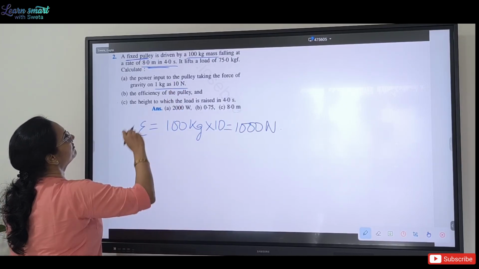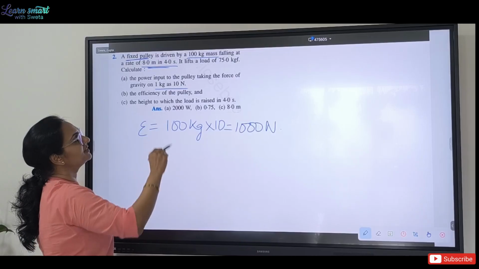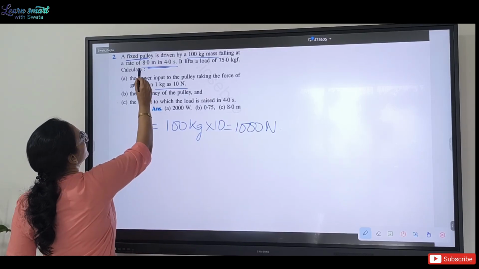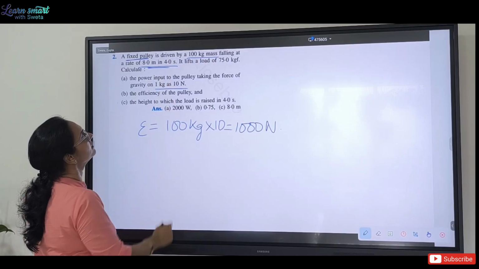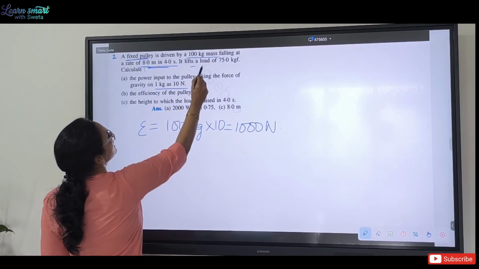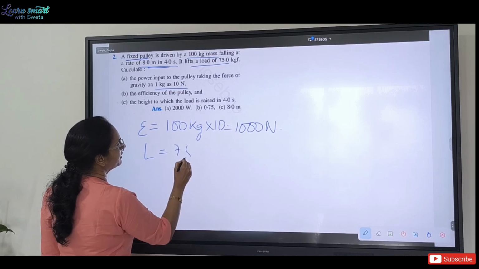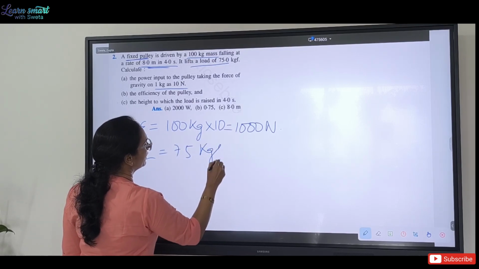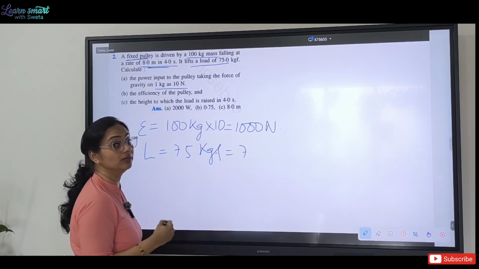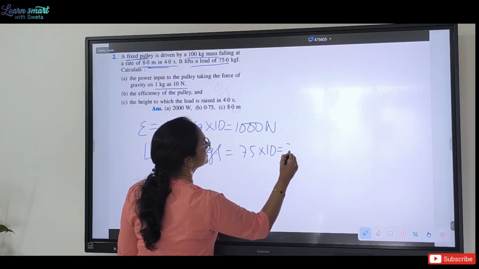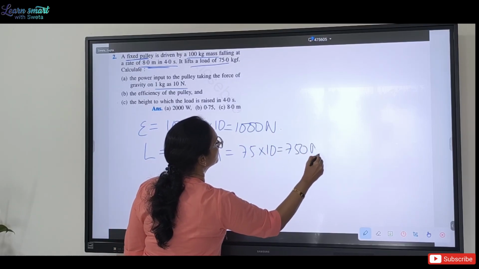It lifts a load of 75 kgf. So load we will write 75 kgf, which we will convert to Newton: 75 into 10, which is 750 Newton.